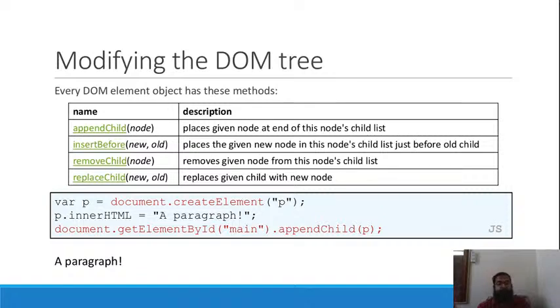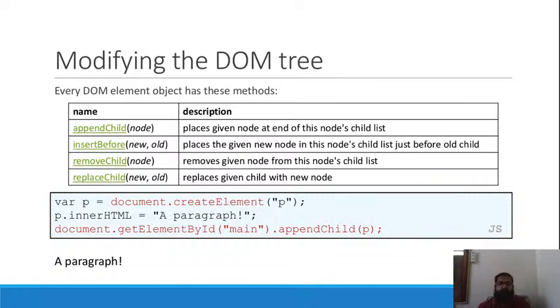Okay, so here p is a new node that we have created and which we want to append to the element which is identified by the id main. Okay, so the element identified by the id main is there in the document. So you get that object, and on that object you append a child called p. I think you are well aware of the object oriented programming concepts over here.